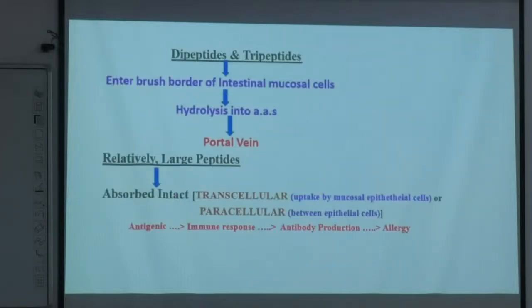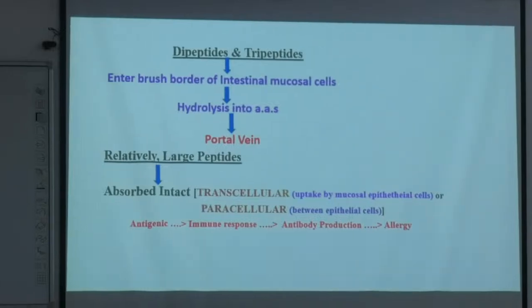Dipeptides entering the brush border of the intestinal cell undergo hydrolysis into individual amino acids that can be absorbed into the portal vein. Relatively large peptides can be absorbed paracellularly. Paracellular means between the cells there is a space, through which larger proteins can be absorbed.